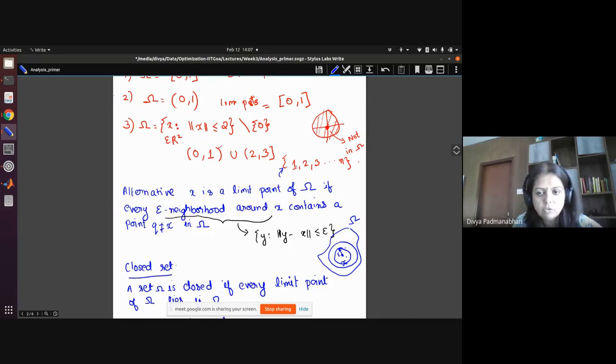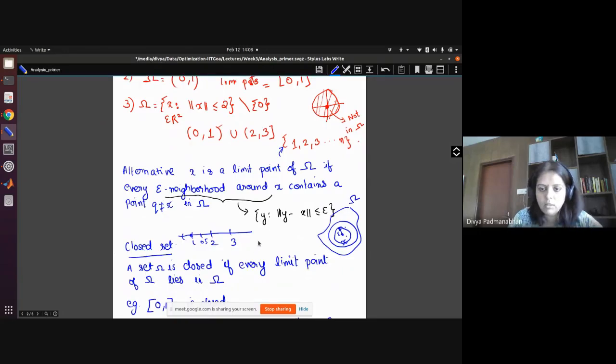Because if you take 1, on the real line, which has 1, 2, 3, and so on, and construct a neighborhood around this point, say within a radius of 0.5, there is no other point other than 1 in this set. So this is not a limit point, and similarly all these points are not limit points. So I hope this clarifies it.